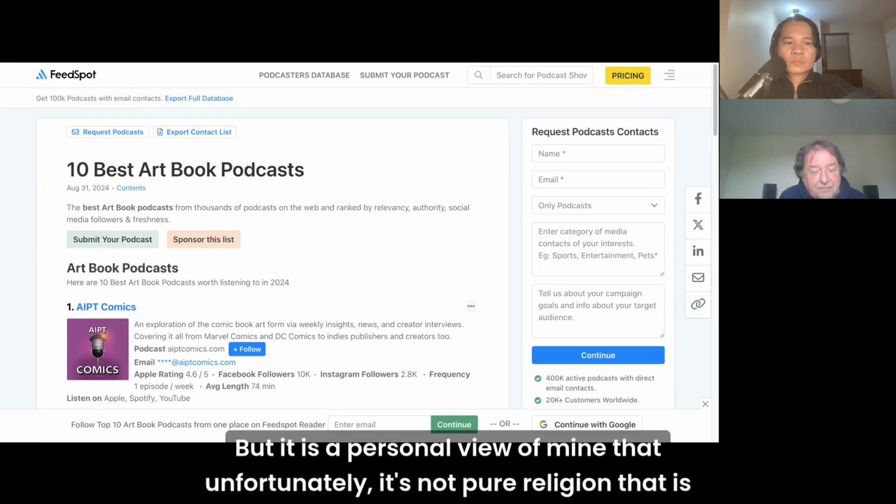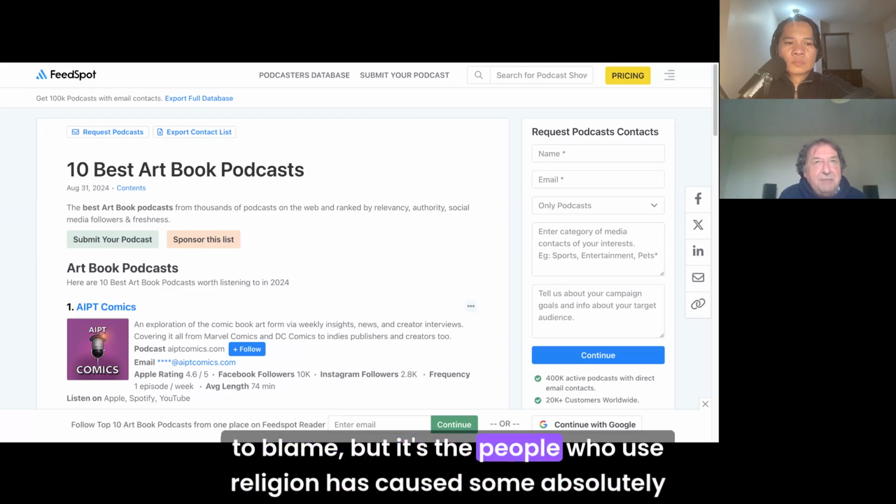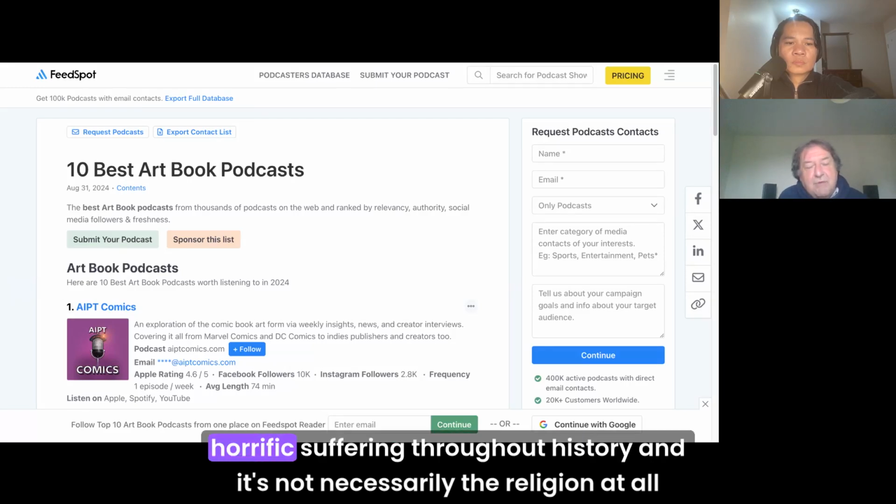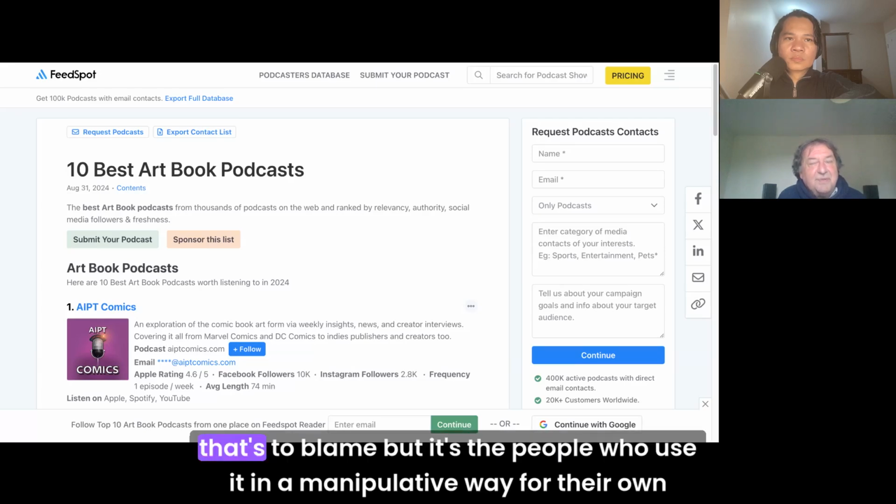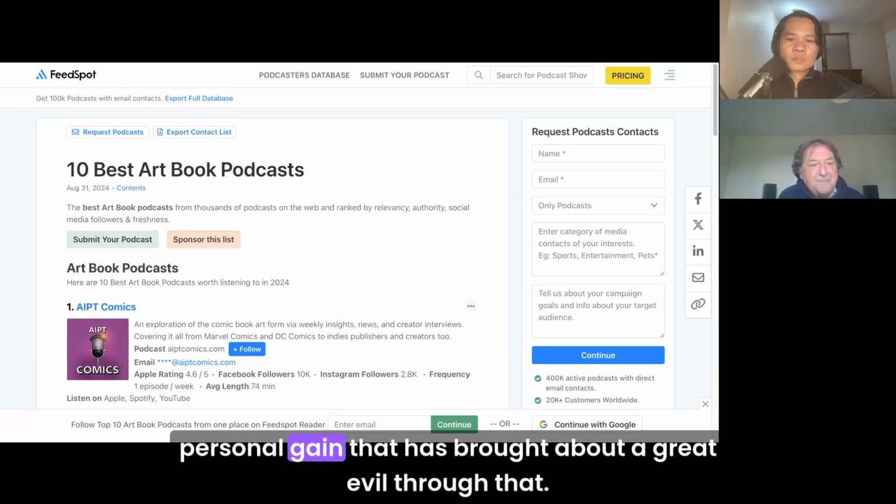But it is a personal view of mine that unfortunately it's not pure religion that is to blame, but the people who use religion who have caused some absolutely horrific suffering throughout history. It's not necessarily the religion at all that's to blame, but the people who use it in a manipulative way for their own personal gain that has brought about a great evil.